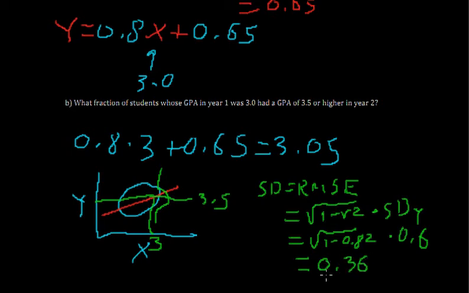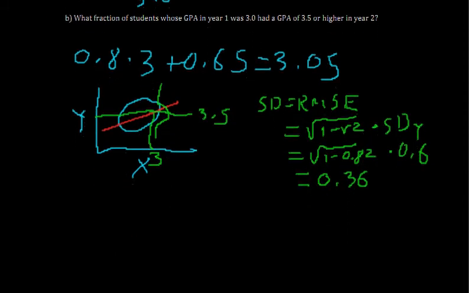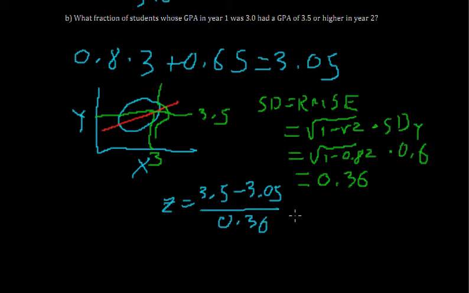So now we need to ask how many SDs above 3.05, or rather how many RMSEs, which is the SD in this case, above 3.05 is 3.5. So we can compute our Z value, right, because this follows a normal curve. So Z is equal to 3.5 minus 3.05 divided by 0.36, and that is equal to 1.25.